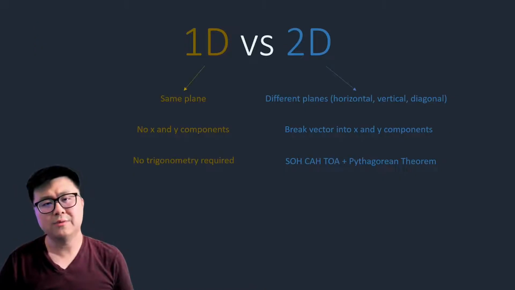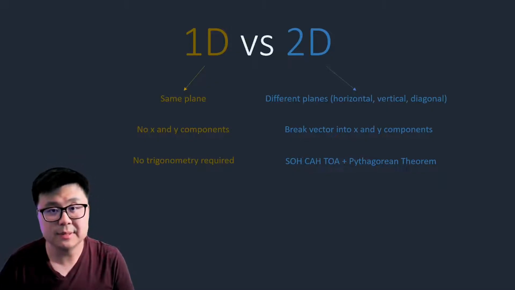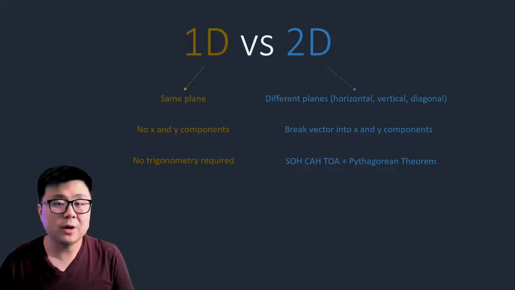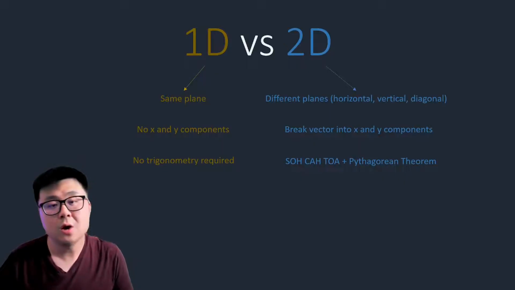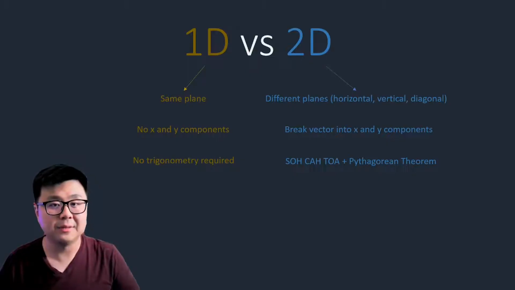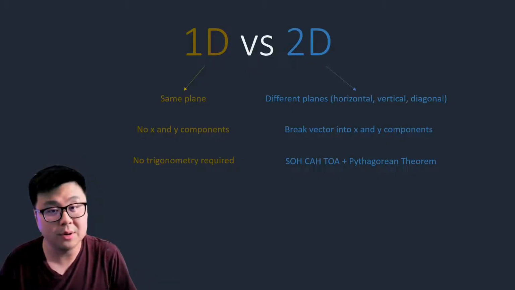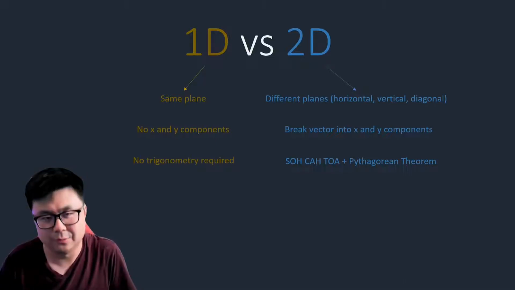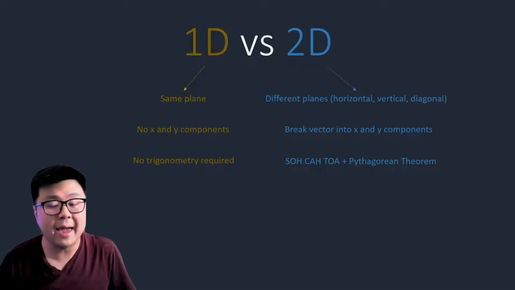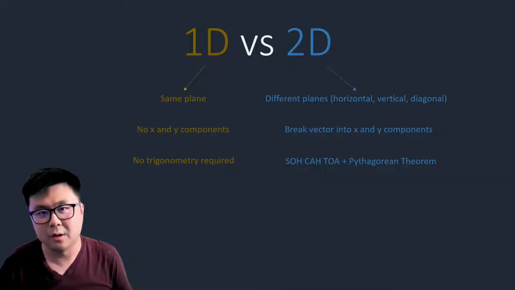A quick note before we go into the actual scalar and vector terms of distance and displacement. In physics, you will be doing questions either in one dimension or two dimensions. In one dimension, everything's happening on the same plane, which means there's no horizontal and vertical components of something, which means there's no diagonal. In that case, there are no x and y components of anything you're given, so you don't need trigonometry at all.